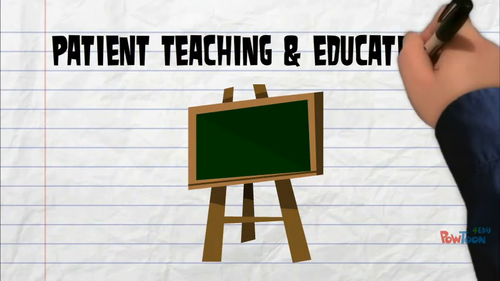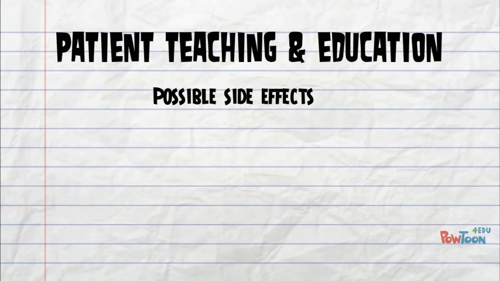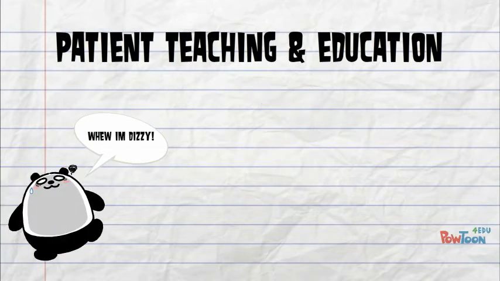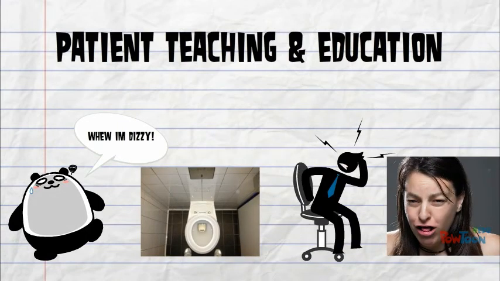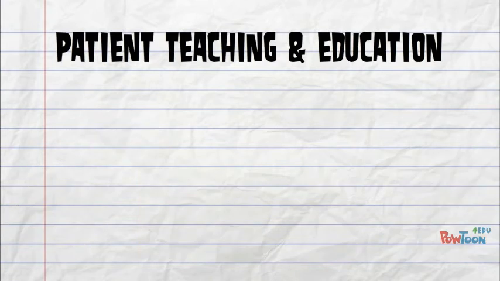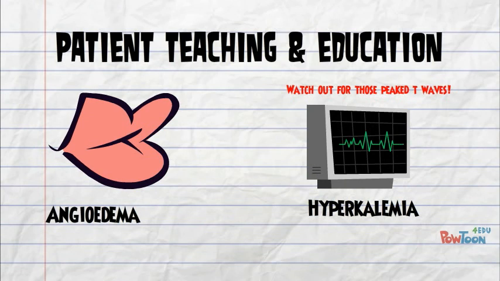Patient teaching and education. As a nurse, we would want to teach our patient about side effects associated with our medication. With ACE inhibitors, patients might experience orthostatic hypotension, polyuria, headache, a dry cough, or more severe reactions such as angioedema, or hyperkalemia.